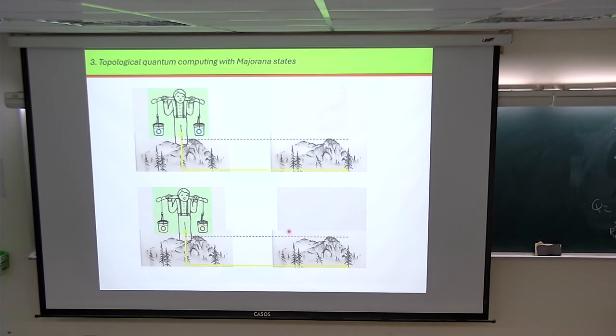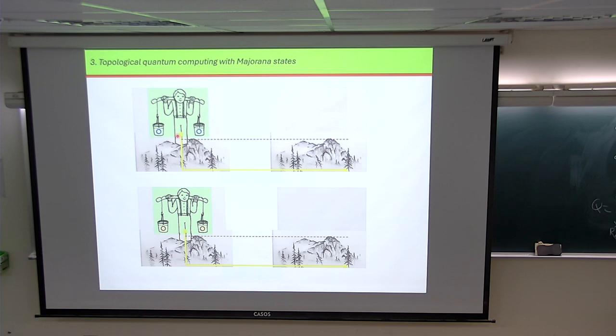Initially you have your Majoranas fused, so there are no free Majoranas, and they have some finite energy. They are here at the top of the mountain, with some energy. And your buckets are empty, so there is a Majorana state, but it is not occupied.